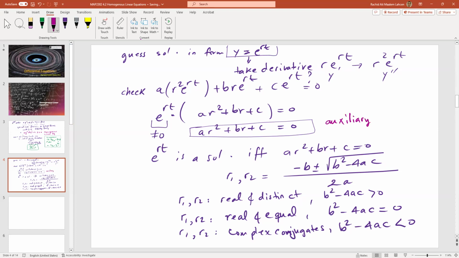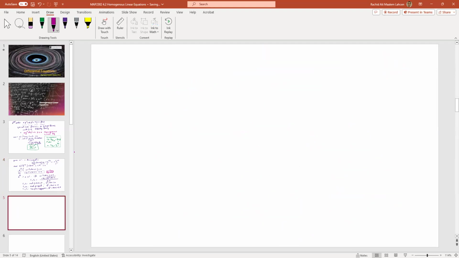Of course, some books will also call it maybe the characteristic equation. Let's wrap this in an example.